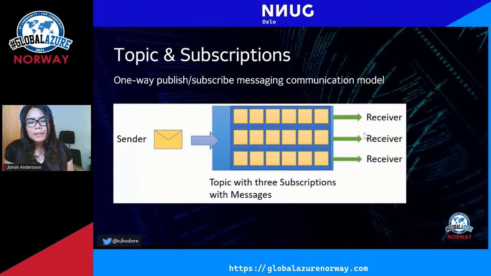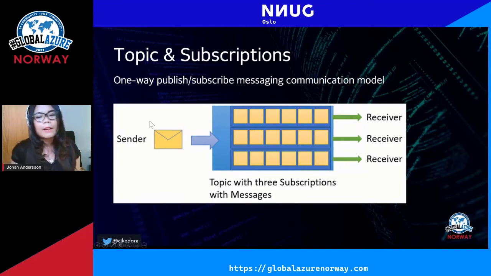And the next type of Azure Service Bus is topics and subscriptions. Topics is a one-way publish-subscribe messaging communication model. Just like here, you have a sender and you send a message, and you have different topics and different subscriptions.